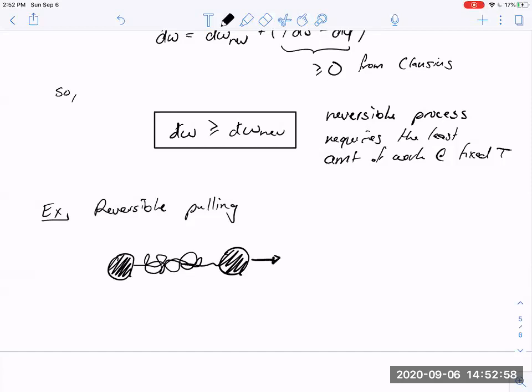And that one on the right is what we grab onto and pull by applying some force. Let's imagine that that force is some external force and its magnitude is equal in the reversible limit to the force that opposes that pulling, the intermolecular force between the ends of the polymer.